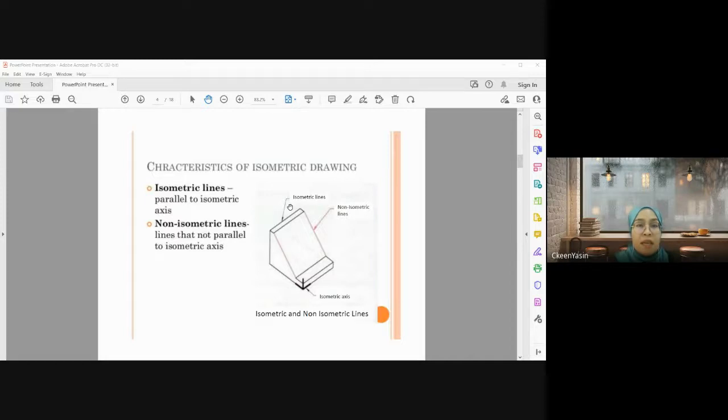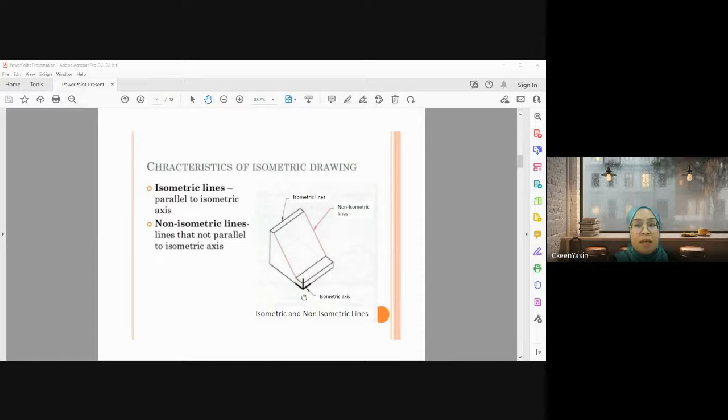Let's take a look at the characteristics of isometric drawing. First, isometric lines are parallel to the isometric axis. Please take a look at here. This is the isometric axis, and the isometric lines are parallel.